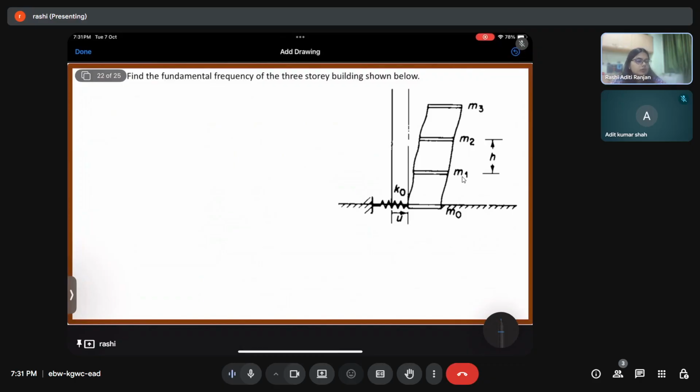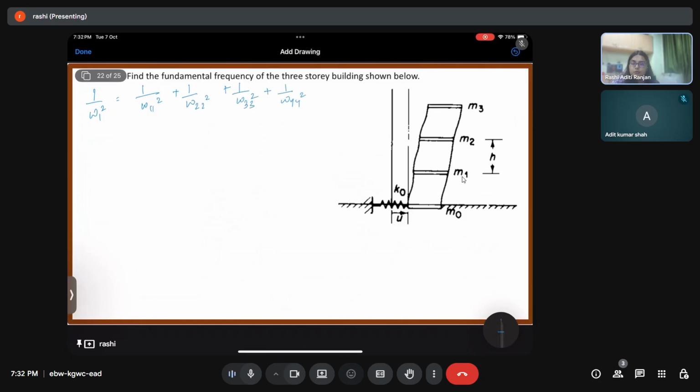So the same equation we are going to follow, which is 1 by omega square is 1 by omega 1 square plus 1 by omega 2 square plus 1 by omega 3 square plus 1 by omega 4 square.